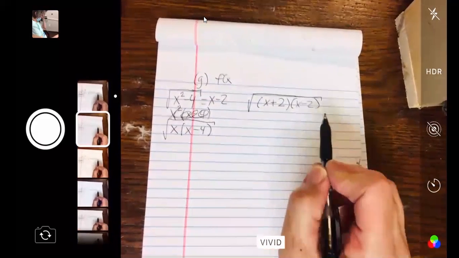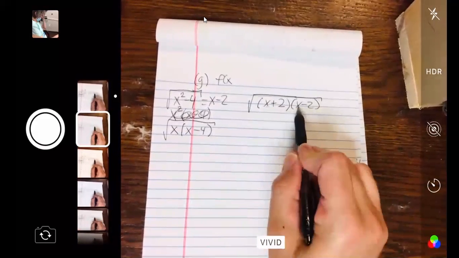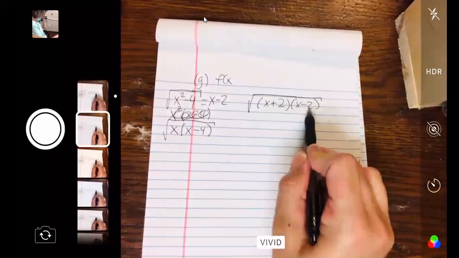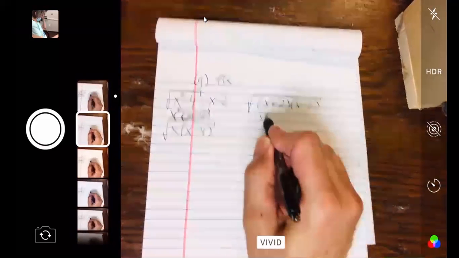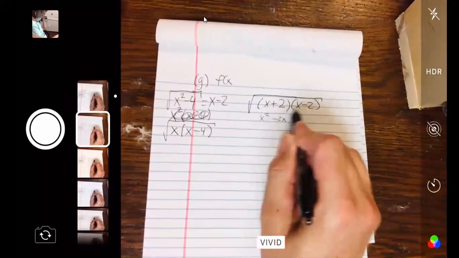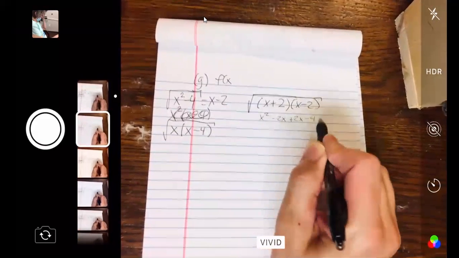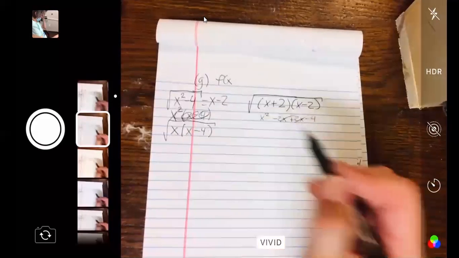You can FOIL this back almost in your head and see it works. The x squared, and you're getting a negative 2x, then a positive 2x. See, that cancels. X squared, a negative 2x, that's round 1. Round 2 is a positive 2x minus 4. Your 2x's cancel, and there you are, x squared minus 4.